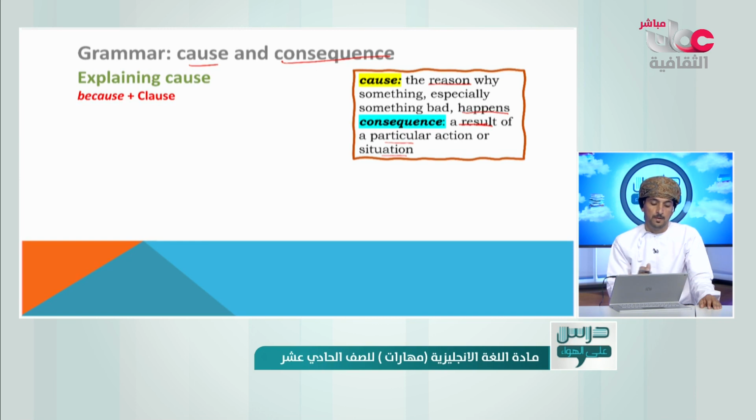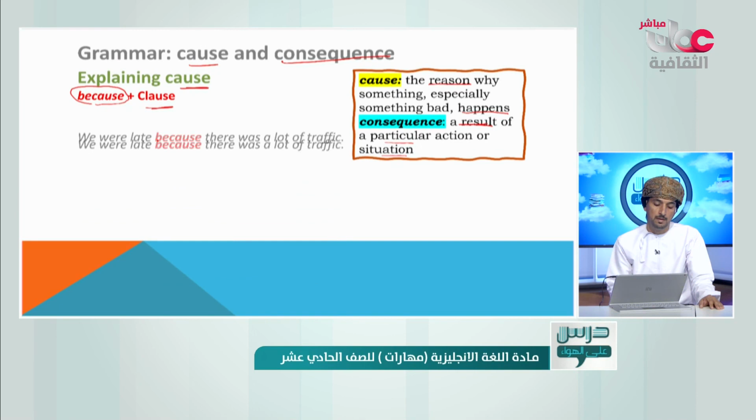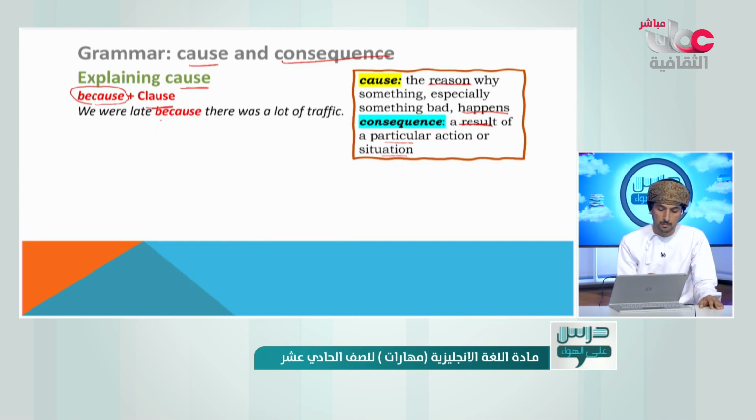Now when we write a sentence and we want to explain cause, we use because as a conjunction plus a clause. A clause can be a sentence or part of a sentence. Let's see an example. We were late because there was a lot of traffic.